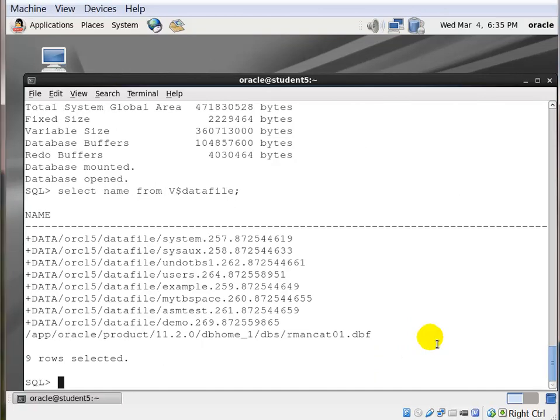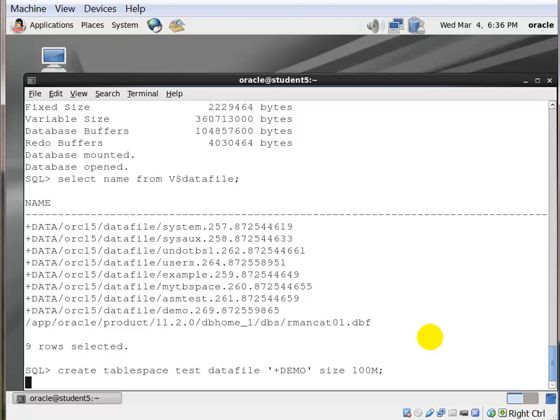Now we are going to switch over to my database instance and try to create a tablespace to see if I can indeed place a data file on that disk group, just to confirm that the repair did work. I'm going to put that in the demo disk group, with the given size.